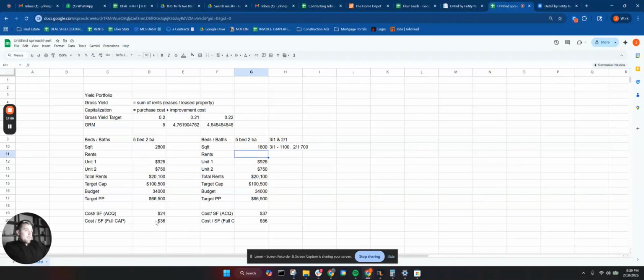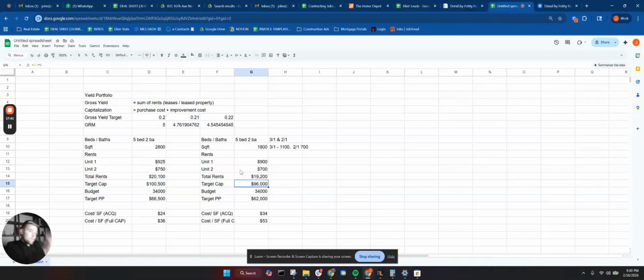So with everything like that, we might expect to see a slight decrease, but nothing too major. We might get maybe 900 for that unit, and maybe 700 for this unit. So the rents go down, but not by that much. And it's still calculating. It's saying that basically we can buy this same property.